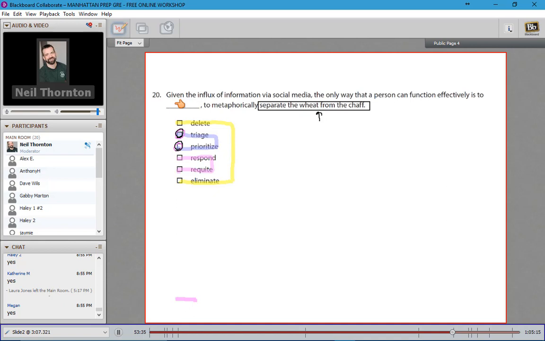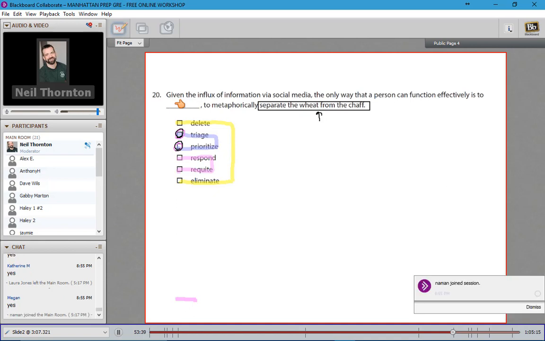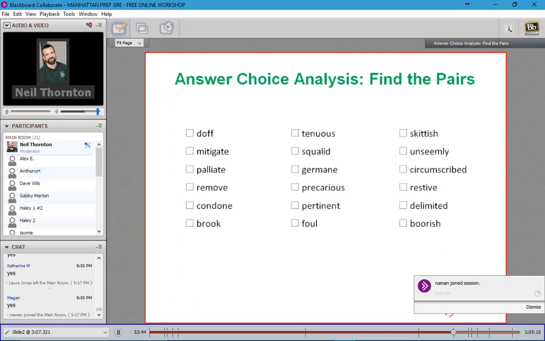So, all right, cool. Just to give you an exercise, sometimes you can play around and just start matching things up. This is an exercise, this is not how to answer these.